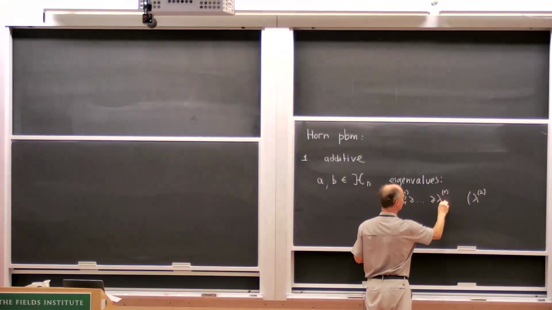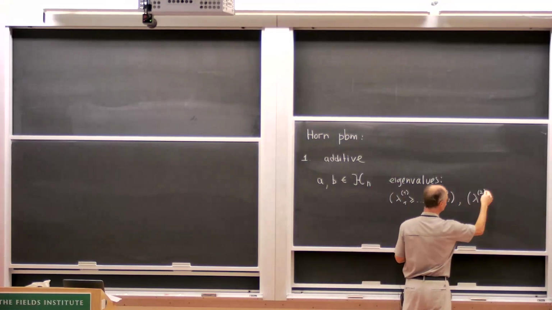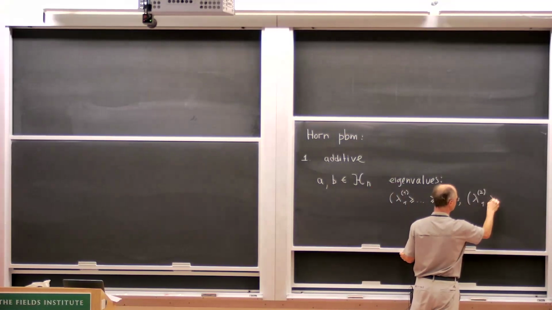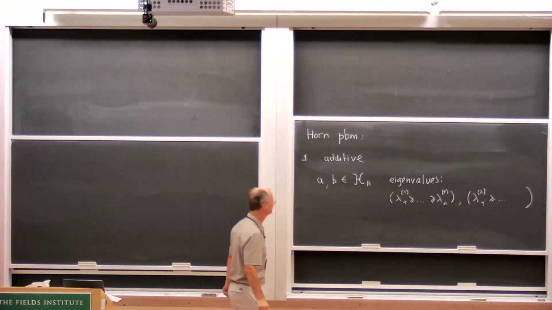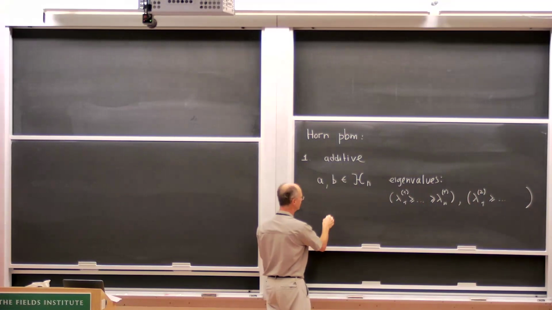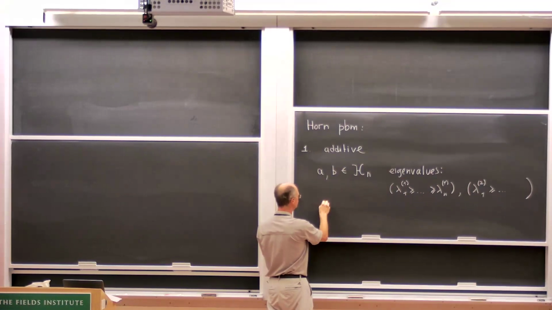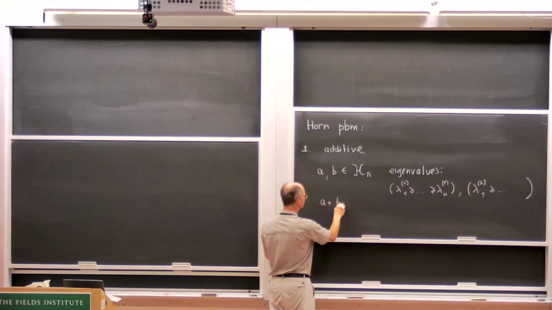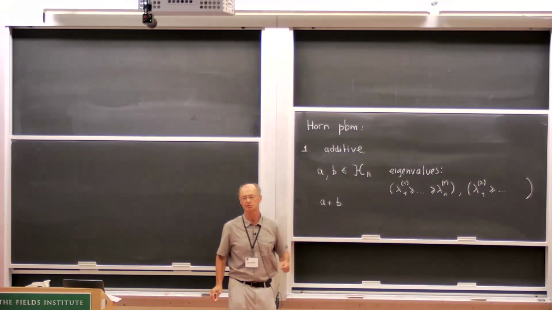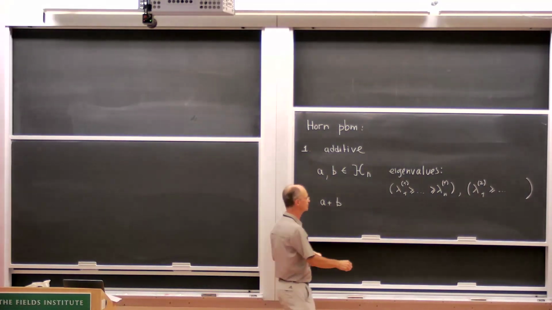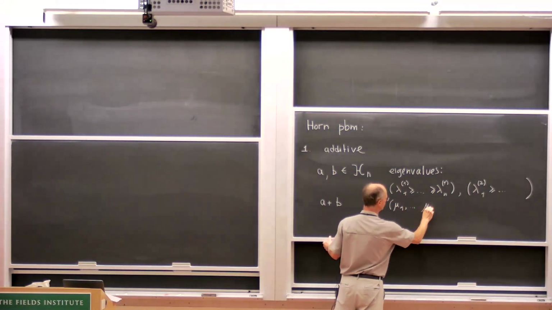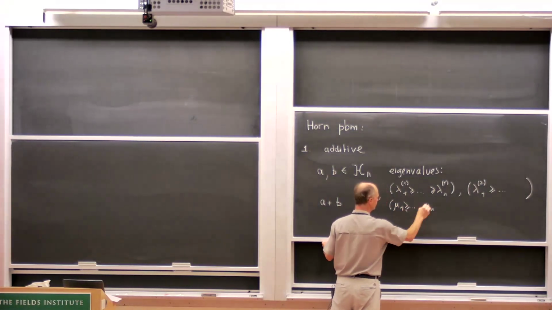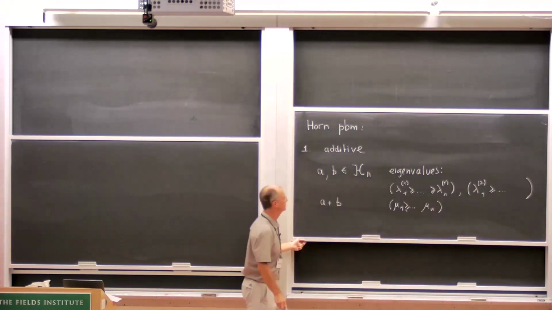So let's order them in, say, decreasing order. So there are n real eigenvalues for each of them. And the Horn problem is to determine the possible eigenvalues of the sum of those two matrices. And those we're going to call mu's, again, in the decreasing order.